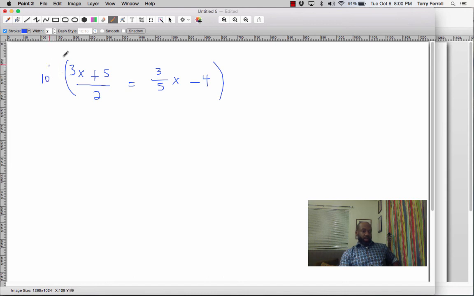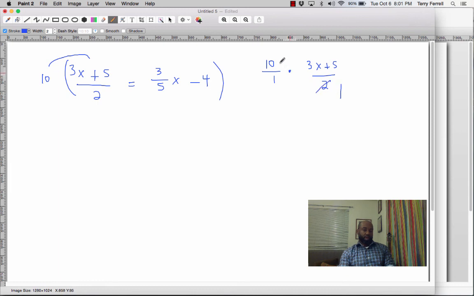Now this is the part that throws some people off. So basically what you're doing is 10 over 1 times some expression, which is 3x plus 5 over 2. There's a few ways to do this. One way is to simply look at 2 and 10, and if you can divide a number into both of those, which always works, I'm going to divide 2 into 2, 1.